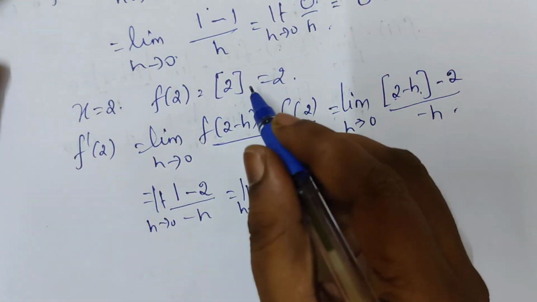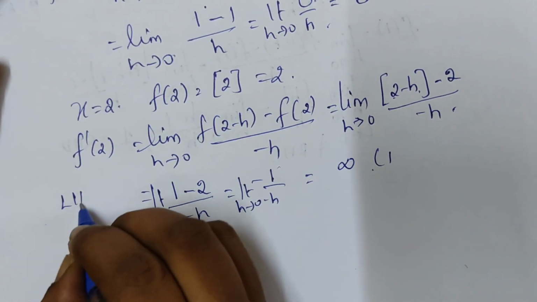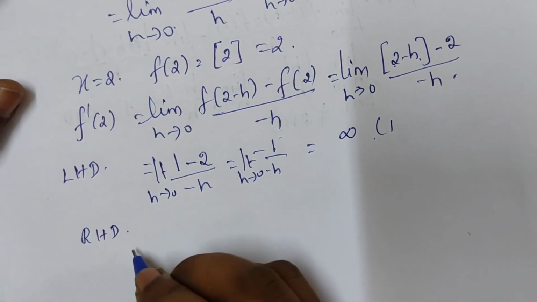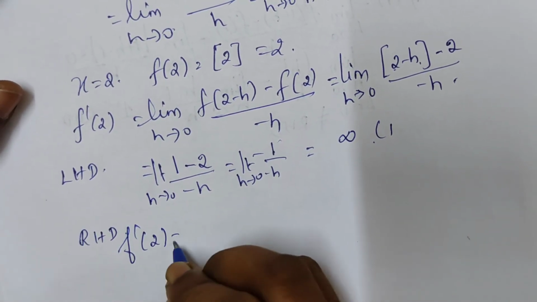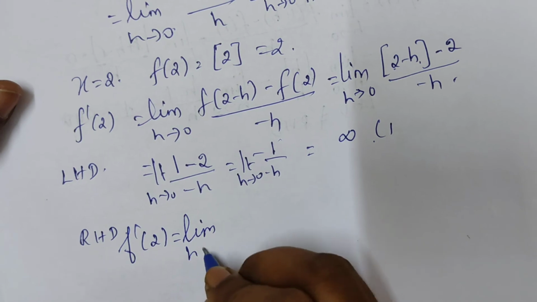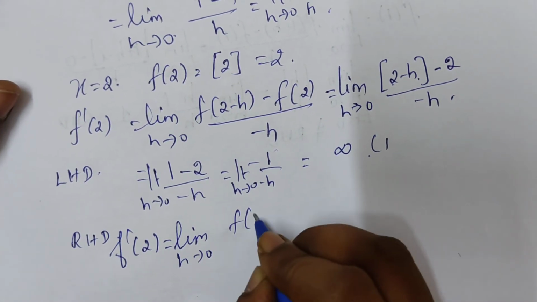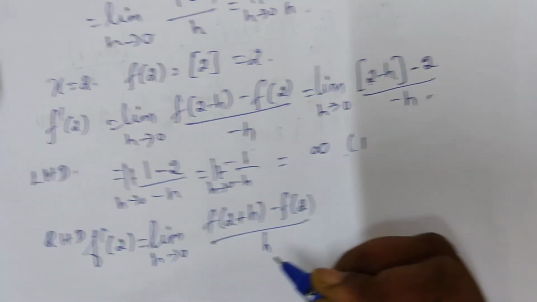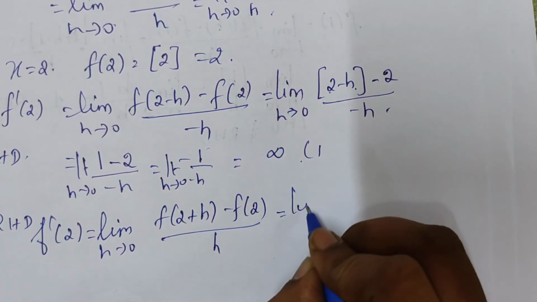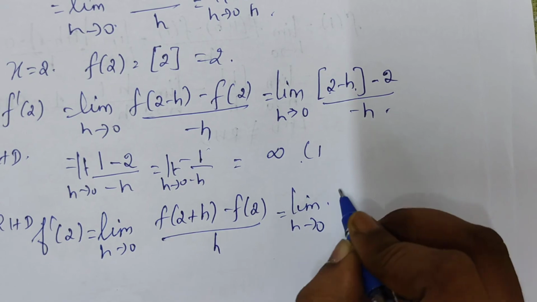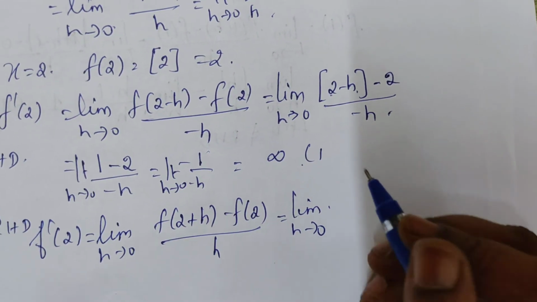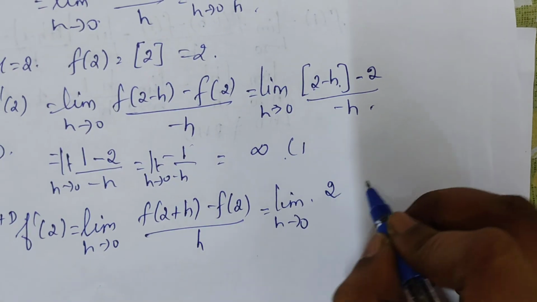Now let's calculate the right hand derivative. f dash of 2 equal to limit h tends to 0 of f of 2 plus h minus f of 2, divided by h. 2 plus h means a number greater than 2, so by the definition of the greatest integer function, the value will be 2.